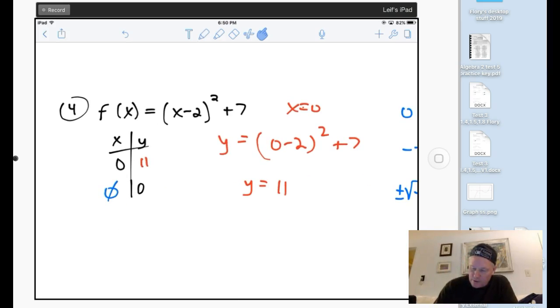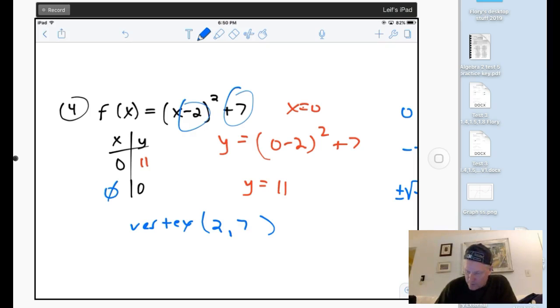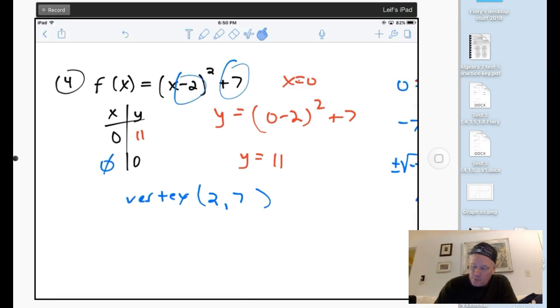All right. Now let's see. What's the vertex of this parabola? Since they gave it to us in vertex form, it'll be minus 2 and plus 7, except it's going to be positive 2 and positive 7. A is positive also because there's an implied 1 in front of there. That's A, which means this is going to open up.